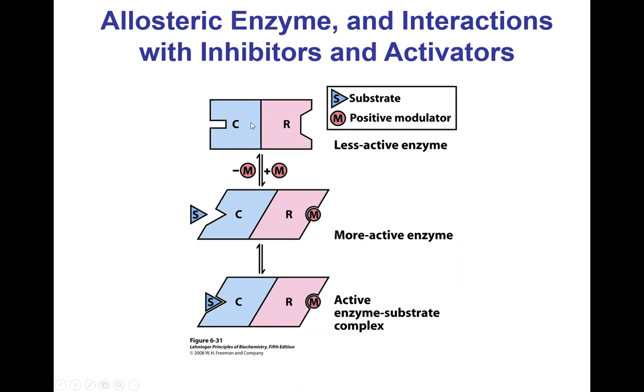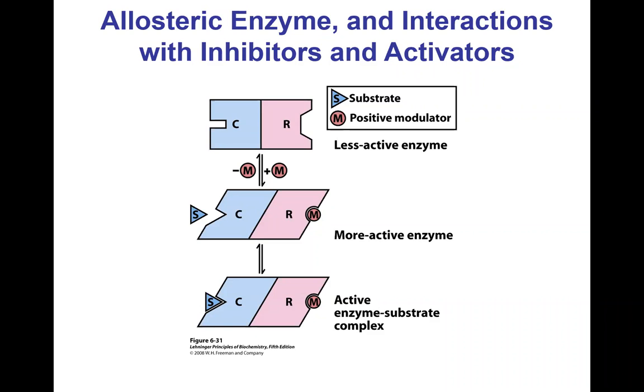Allostery means binding of one ligand at one site will influence the binding at a distant site. How does that happen? Through conformational change, those things are communicated to the other side.